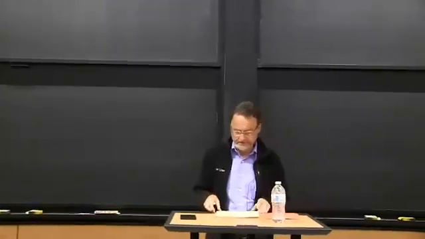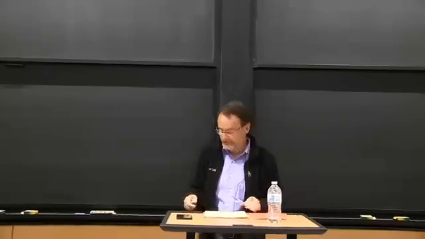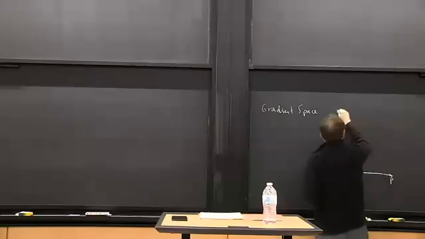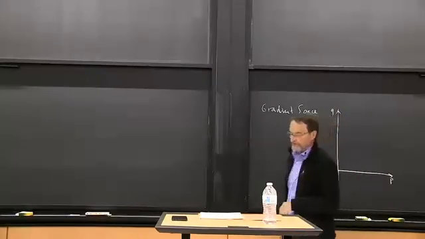We're starting to talk about what determines brightness in an image and how we can exploit that. And we introduced the idea of a gradient space. Why?